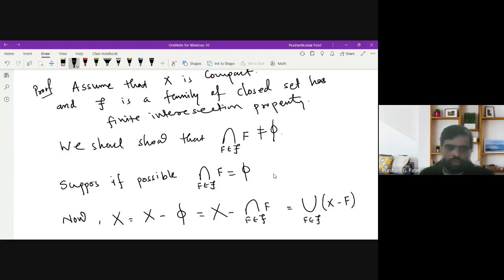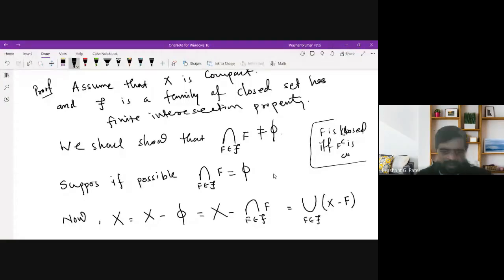So X is covered by these sets X minus F. F is a closed set, so X minus F is the complement of a closed set, and we have learned the result that F is closed if and only if its complement is open.